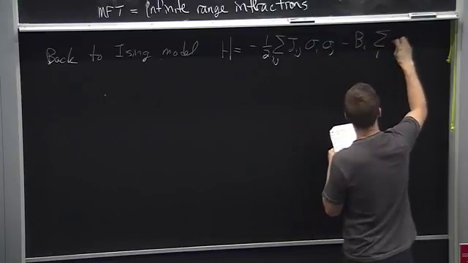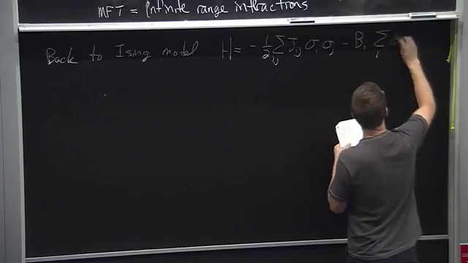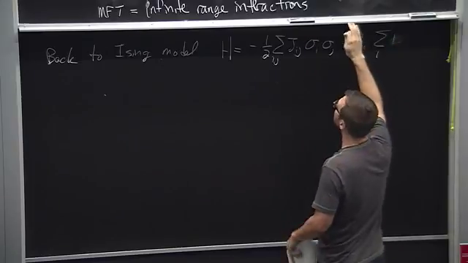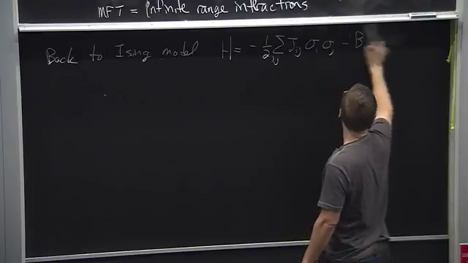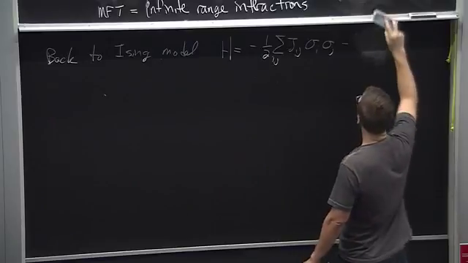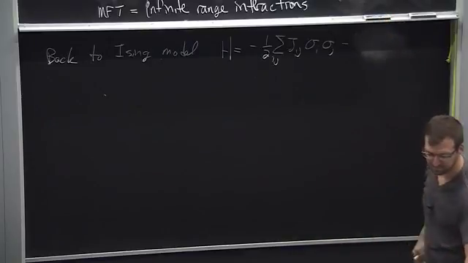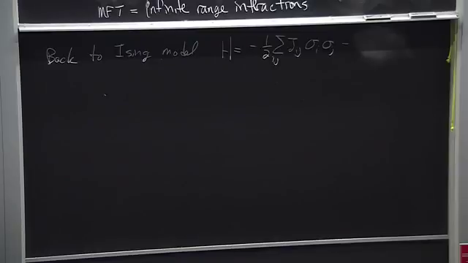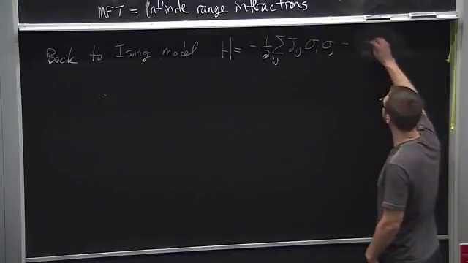Put my field back in. No, I want to do it right. So I'm going to do something with a magnetic field. I'm going to generalize a magnetic field so that it's site dependent. And this is more a mathematical device than a physical, realistic physical situation.